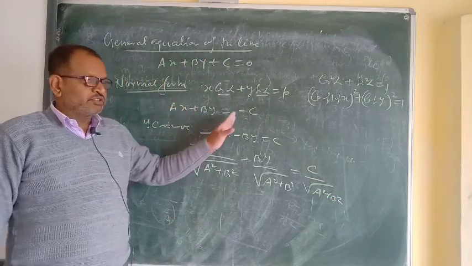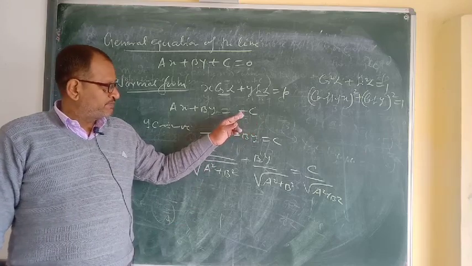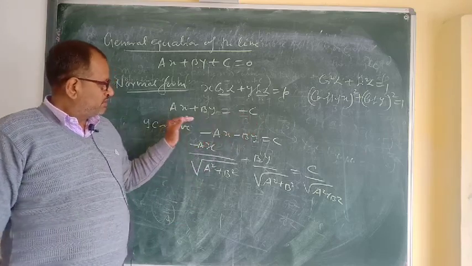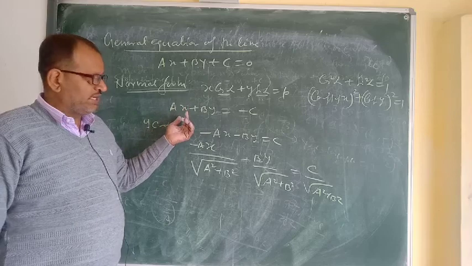So firstly transpose the constant term right side. If it is positive, then divide whole the equation by under root a square plus b square.